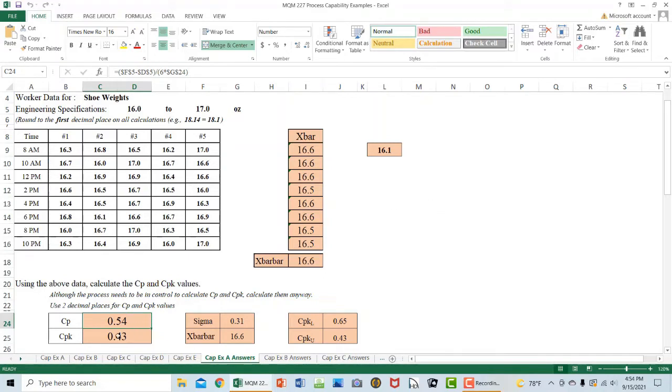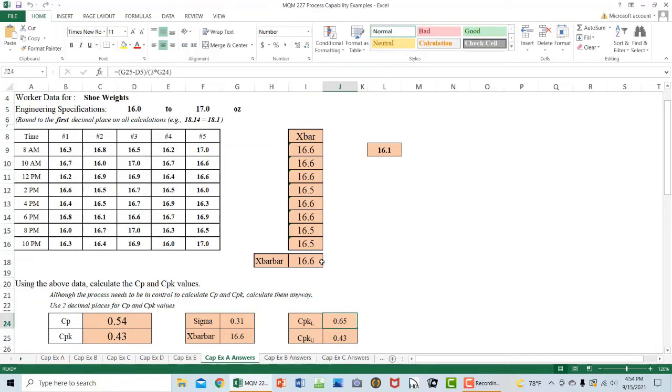All right, Cpk. Before we do the Cpk, it really looks at calculating these two other Cpk values, and we will take the lesser of these two, the worst case. So let's jump over to this one. For the Cpkl, we take the X bar, the 16.6, and we subtract the lower specification limit.